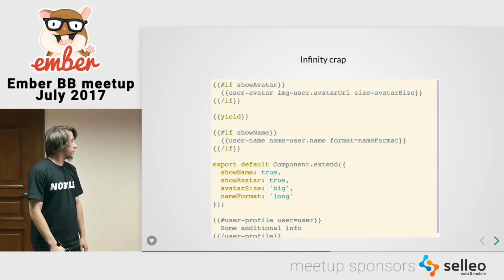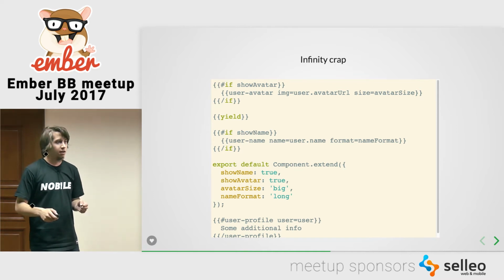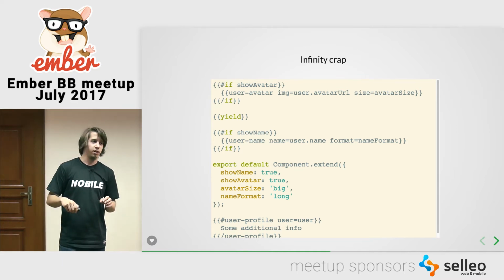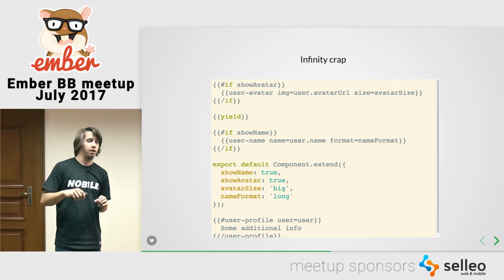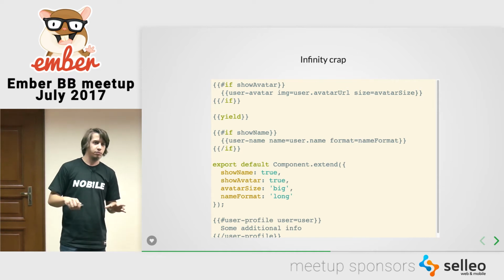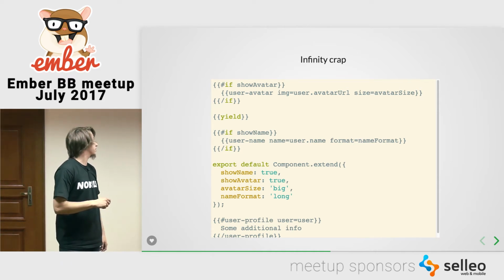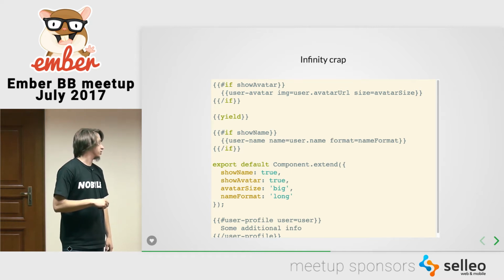Okay, so if the client after two months comes to us and says, I want to display something between the avatar and the username, okay, we can still sculpt something in this code and add the yield keyword and pass some additional information there.